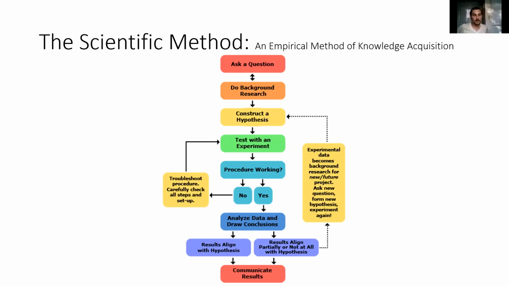Again, along that idea of humility, most researchers, in designing their experiment, are actively trying to prove their hypothesis wrong, because that is usually the fastest way to get to a conclusion as to whether or not your hypothesis was correct.